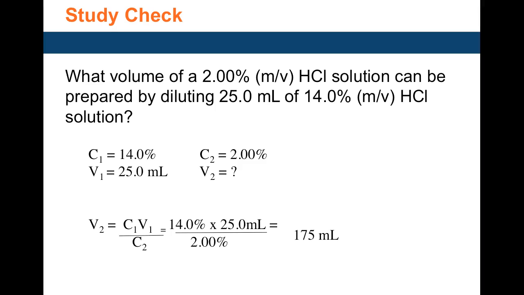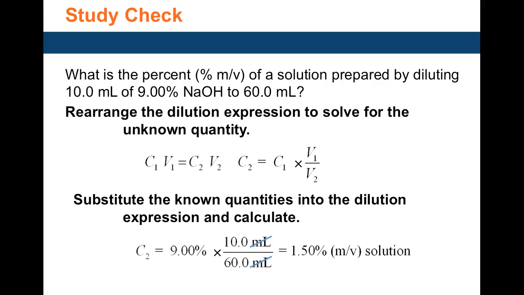Okay, and that's 175 mL. What percentage mass by volume of a solution prepared by diluting 10 mL of a 9% NaOH to 60 mL? So this time you have C1, you have V1, you have V2, and you have to find out C2. So 10 times 9 divided by 60, and you get 1.50%.